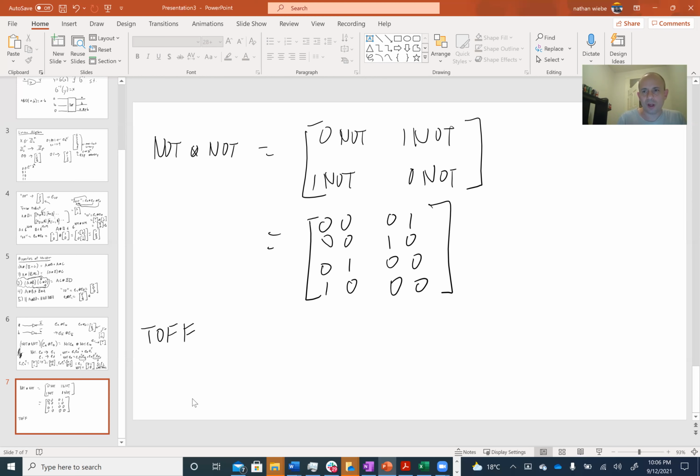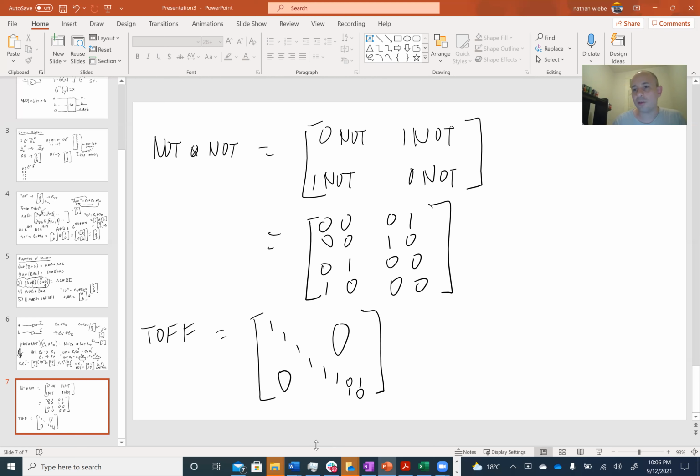Gates like the Toffoli gate or the controlled NOT gate, which is a particular case of the Toffoli gate, these operations cannot be expressed as tensor factors. So for example, a Toffoli gate is of the form 1, 1, 1, 1, 1, 1, 0, 1, 1, 0, 1 expressed in this language.